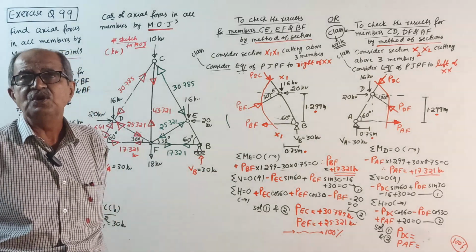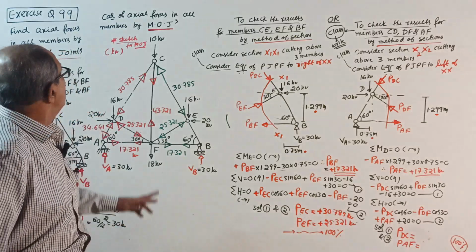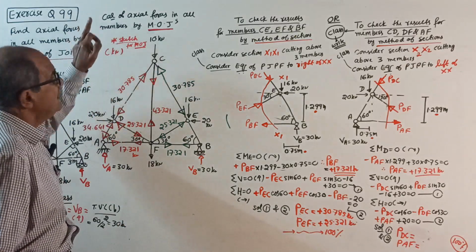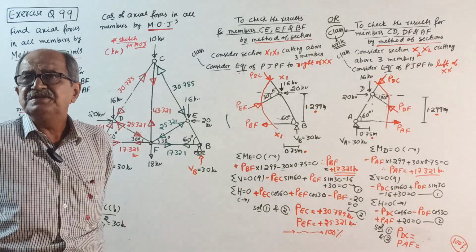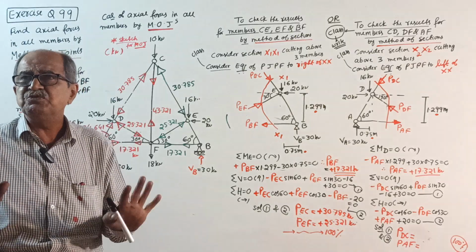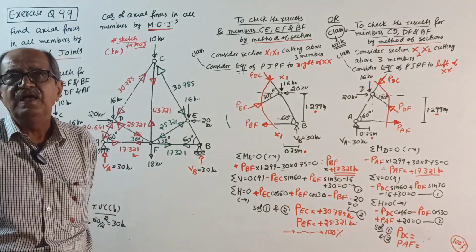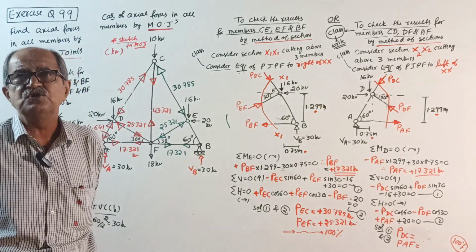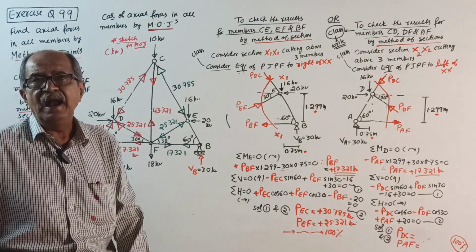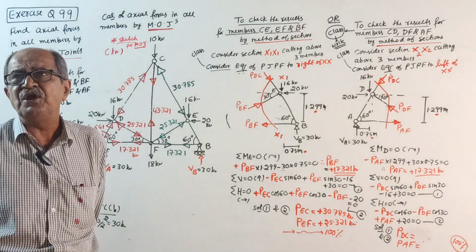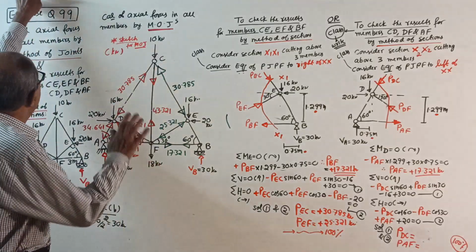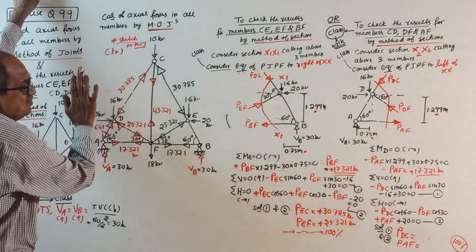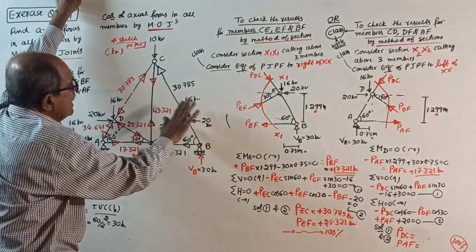So that is very useful. Therefore I decided next class, question number 100, instead of an exercise, will be a normal class where I will discuss zero force members, very important for competitive examinations. So today I decided only to upload this question. That's why I am doing it a little slowly now.